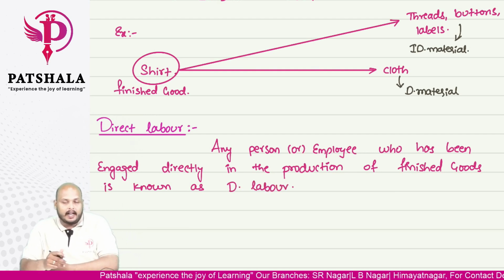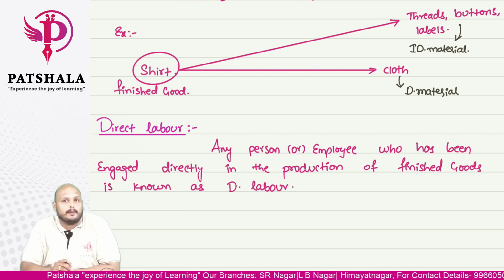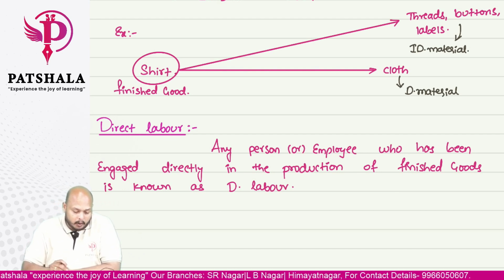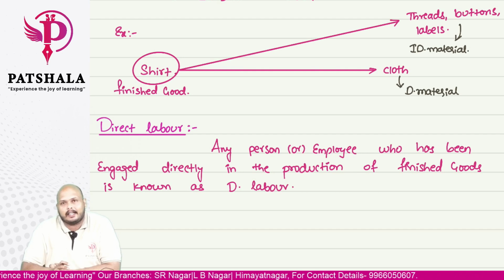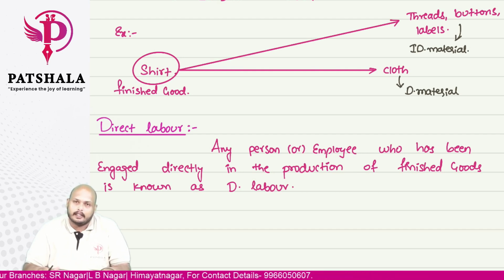So what do you mean by direct labor? It represents any person or any employee who has been engaged directly in the production of a finished good. That we can classify as direct labor.